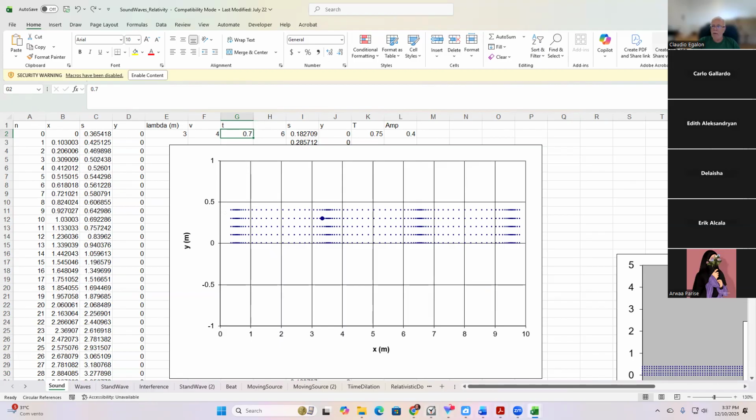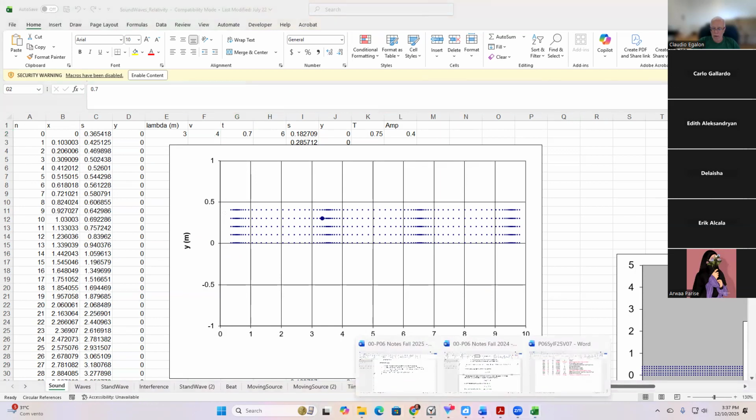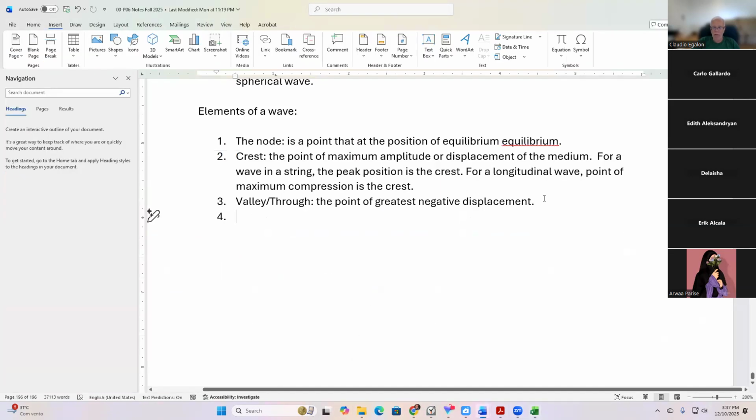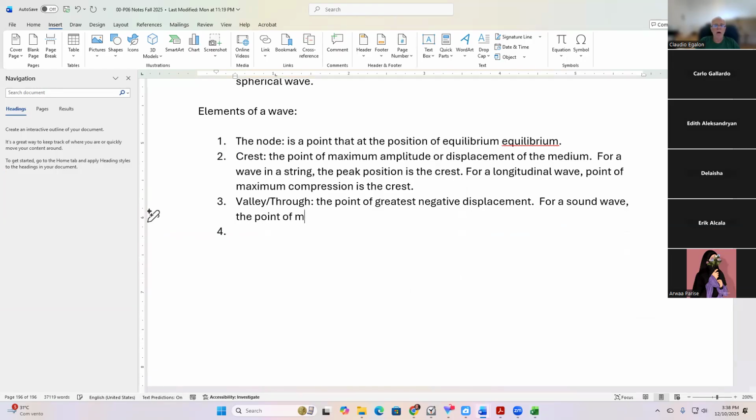Okay? Let's write it down. For a sound wave, comma, the point of maximum rarefaction is the valley or trough.